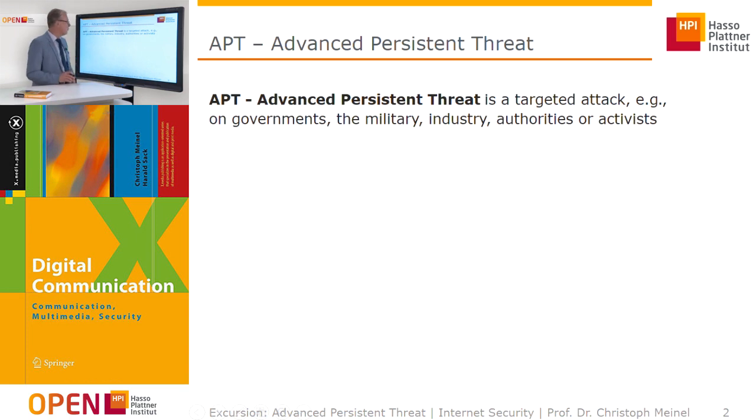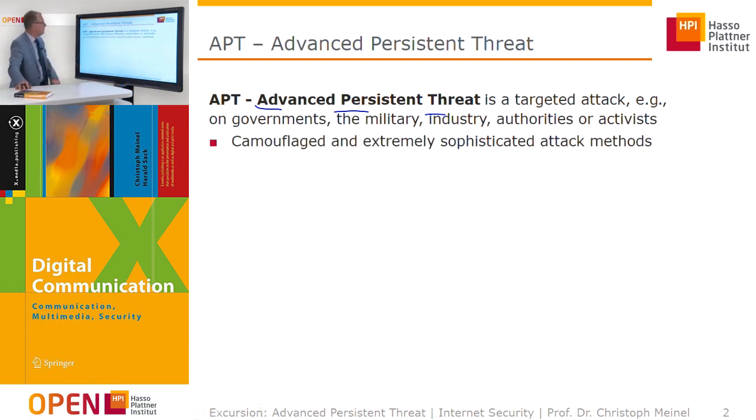An APT, Advanced Persistent Threat, is a targeted attack, for example, on a government, the military, industry, or authorities. And it's camouflaged and uses extremely sophisticated attack methods.